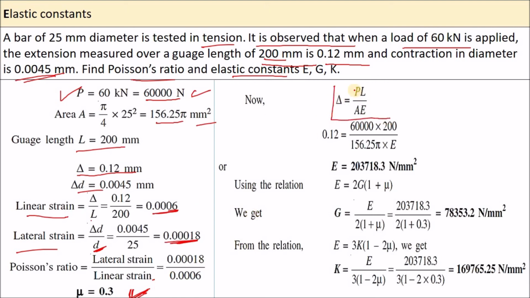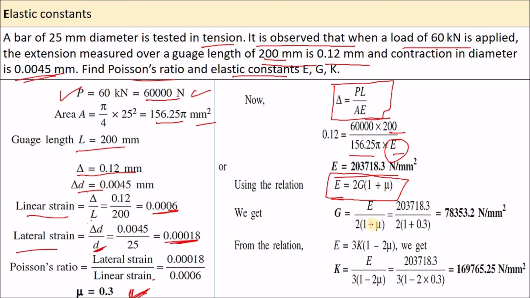Then we should write this formula. From this formula we can find out Young's modulus. Delta equals PL divided by AE. Delta equals 0.12, P is given as 60,000, L is 200, area, and E. E is the only unknown here, so we can find the E value. Now we will use the relationship between E and G. From that we can find the G value.